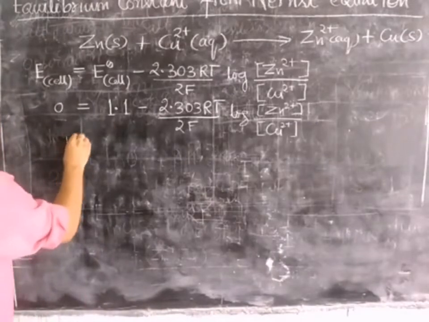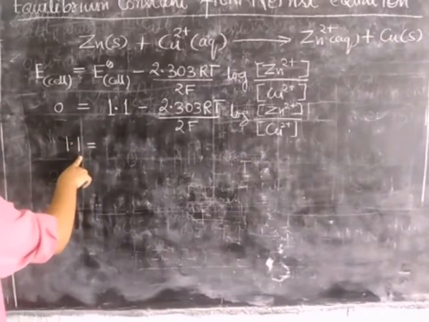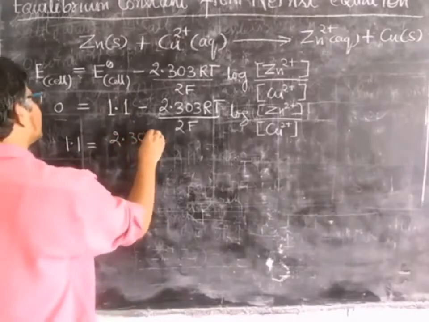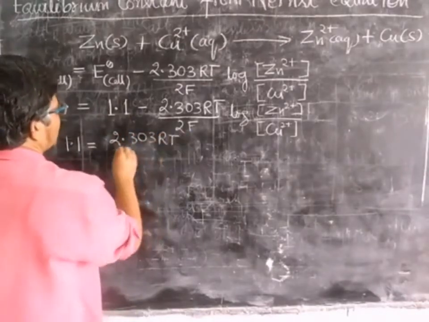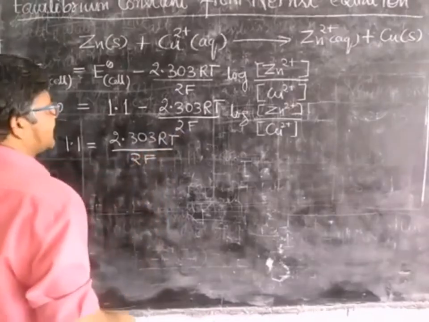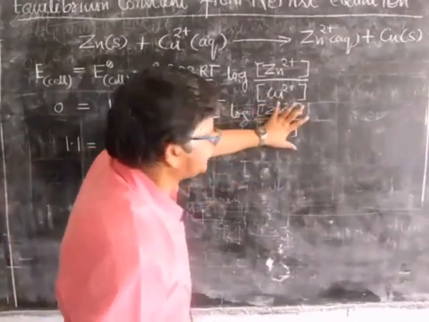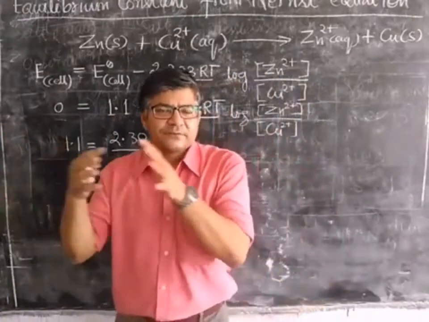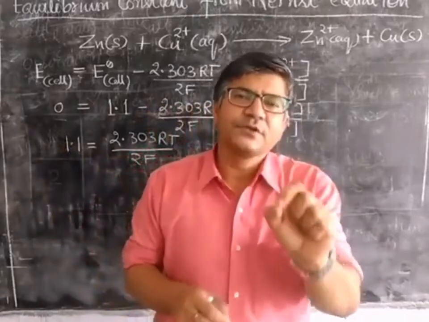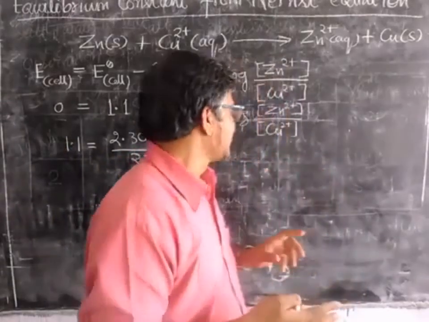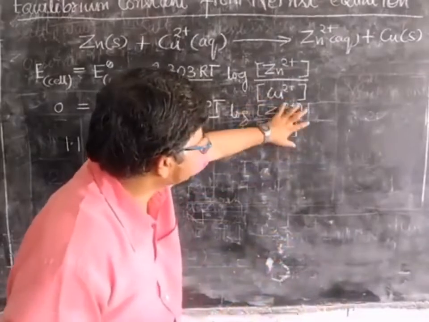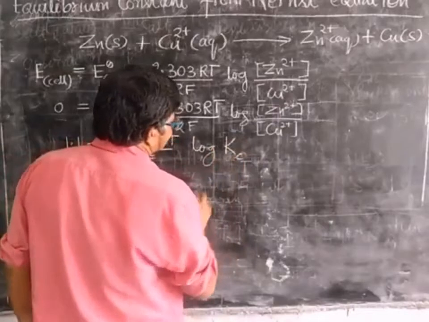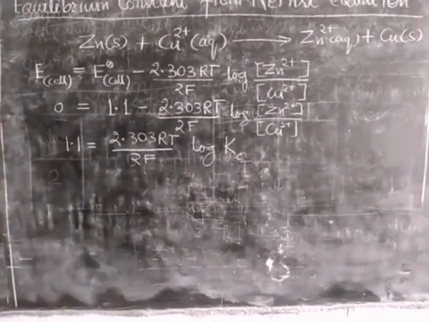We can write 1.1 is equal to 2.303 RT by 2F, and instead of the concentration term, as the equilibrium has been attained, so the backward and forward reactions are equal. In that case, we will be using equilibrium constant Kc. So at the place of this whole concentration term, we will be using log Kc. This will be the equation.